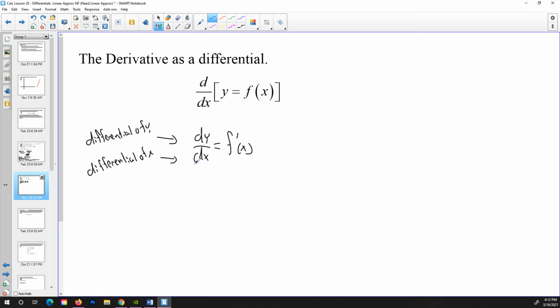And so just like in any other fraction, I can multiply both sides by the denominator. And so I can say that dy is equal to f prime of x times the differential of x. And so this thing here is the derivative as a differential.